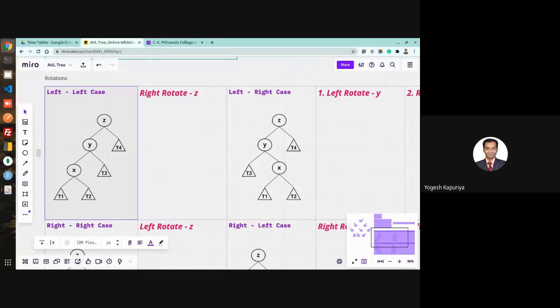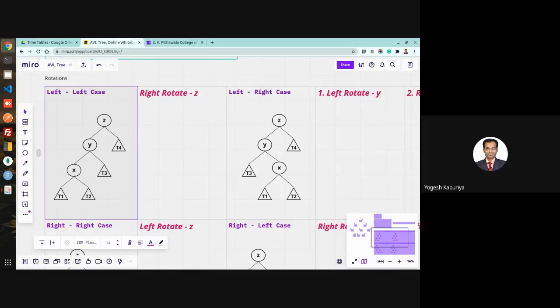So basically, Z represents a node which is actually disturbing the tree. That means the balance factor of Z is not equal to -1, 0, and 1. When you have this scenario, then Y will be the child of Z, which comes in the way of X.